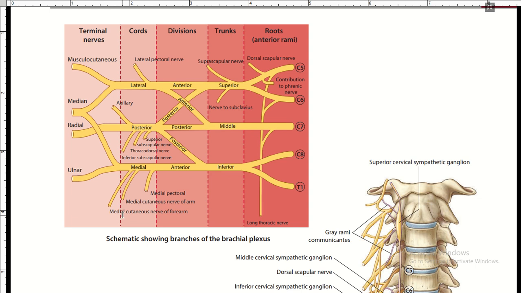And then the other M stands for the medial cutaneous nerve of the forearm. That's going to supply the medial portion of your forearm. The lateral portion of the forearm is going to be supplied by the lateral cutaneous nerve of the forearm, which is a continuation of the musculocutaneous nerve. And then the ulnar nerve is going to be the terminal nerve for the medial cord.